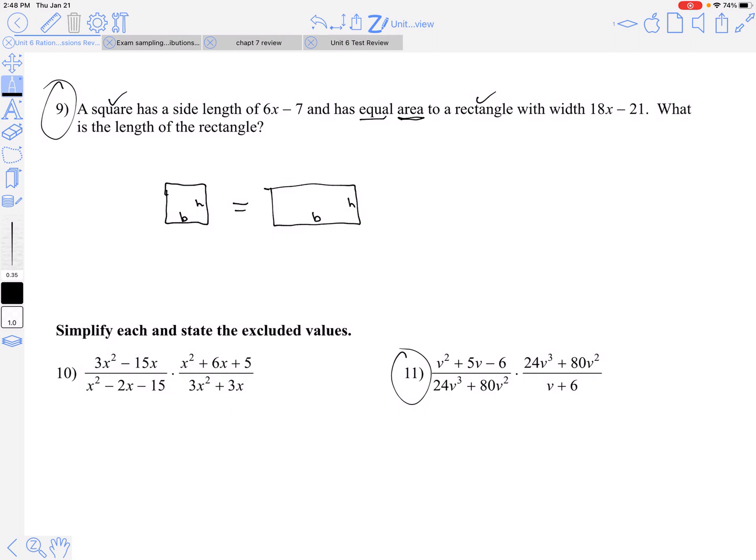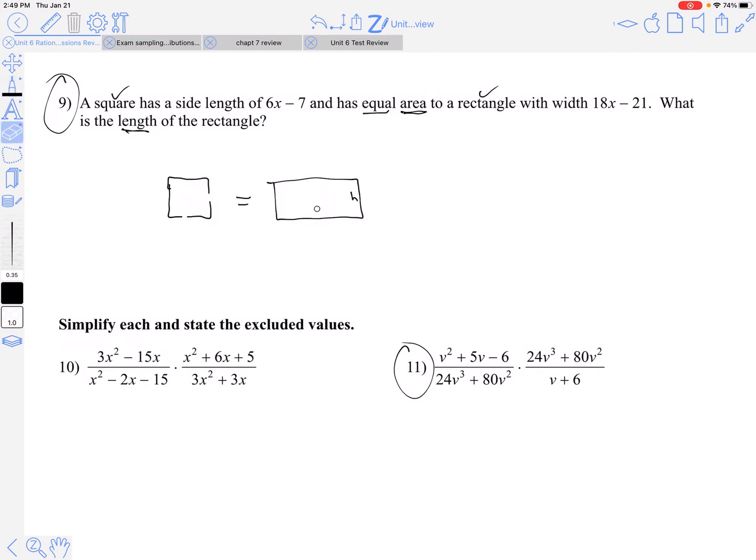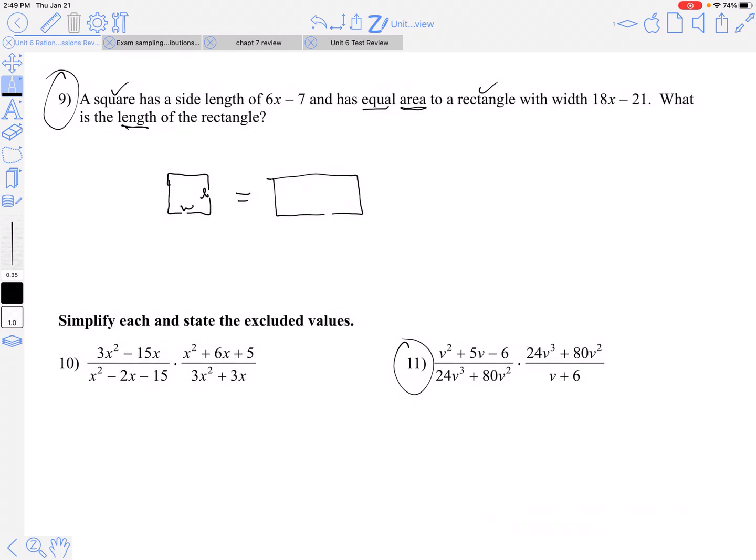But it wants us to find the length of the rectangle. So let's change this to length times width, since they're going to use that kind of language. All right, so I have the length times the width, and the length times the width. Now these are going to be different numbers, obviously, because for their areas to be the same, they'll have different dimensions.